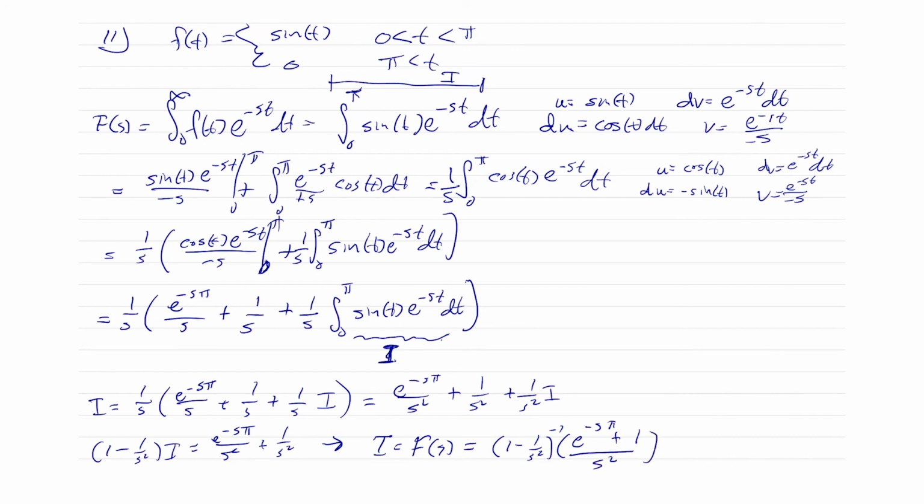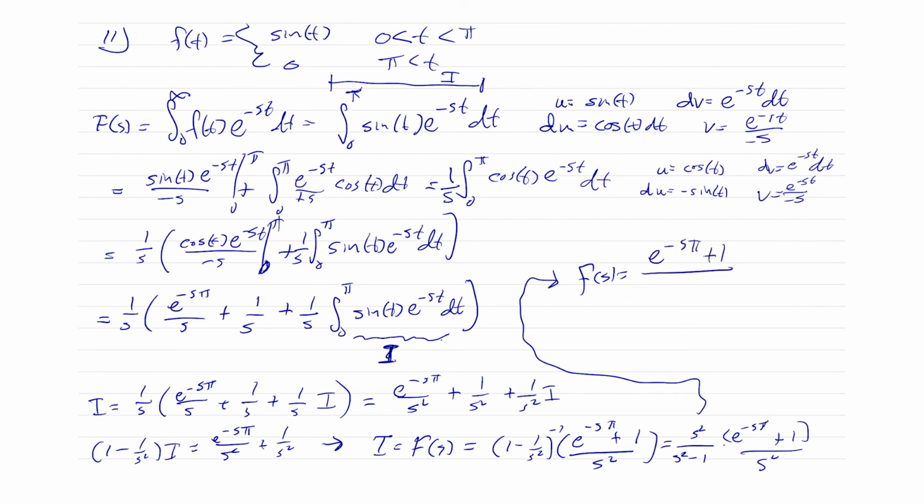If you do some further computations, we're going to have s squared divided by s squared minus 1 times e to the minus s pi plus 1 divided by s squared, and that gives us F of s is equal to e to the minus s pi plus 1 divided by s squared minus 1. And there you go. Okay, so there we had to do a little bit of solving for the integral.